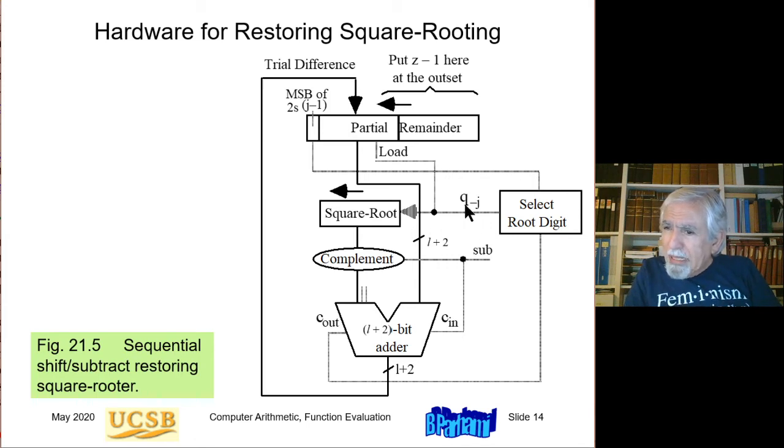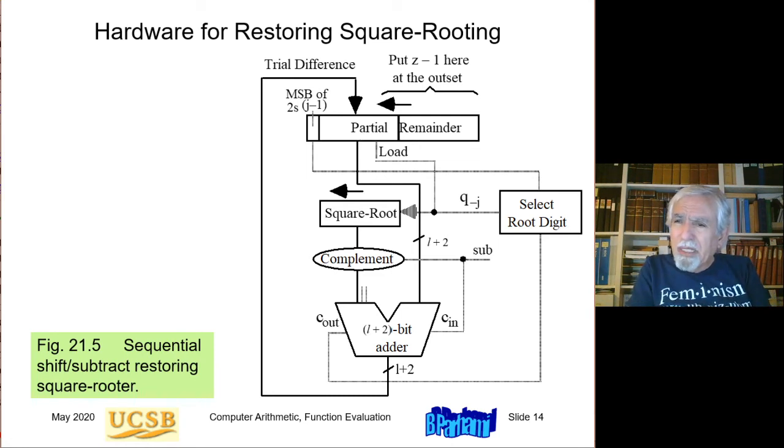Okay? And then if q minus j is equal to 1, if I decide that trial subtraction result was positive, therefore I choose 1, then and only then I load the result of the trial subtraction into this register. If this digit is 0, if this bit is 0, then I don't load. This signal will not be asserted, and the old partial remainder is kept there.